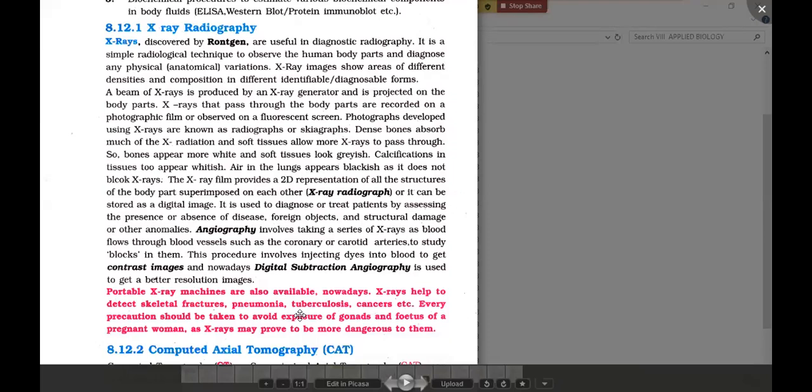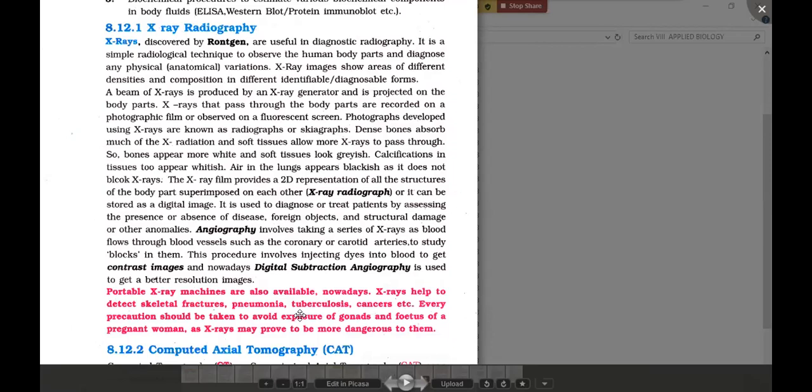Now let me give the final conclusion for X-ray radiography. X-rays discovered by Röntgen are useful in diagnostic radiography. It is a simple radiological technique to observe the human body parts and diagnose physical or anatomical variation. The X-ray images show areas of different densities and composition in different identifiable or diagnosable forms.